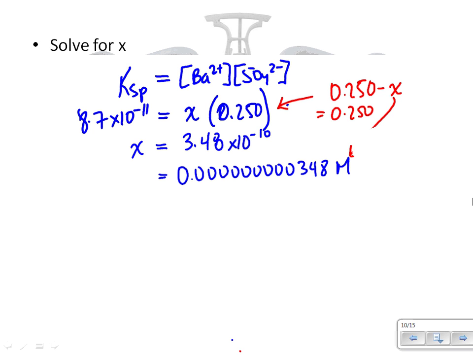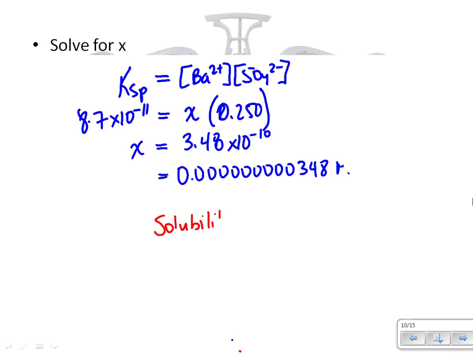So that's why the 100 rule works, and that's why it was okay that I used it in this case. I've solved for X, and that's my solubility of barium sulfate. So if you want to write that in, BaSO4 is 3.48 times 10 to the negative 10 molar.